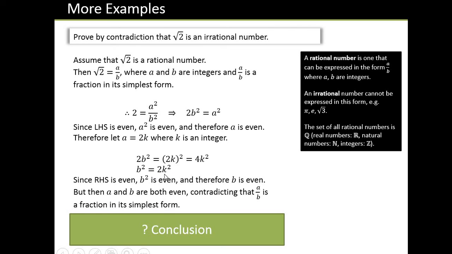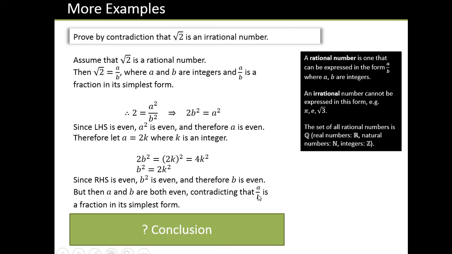But 2 somethings, this is an integer, must mean b squared is even. So now we've already said if b squared is even, we know b is even. So now we have just proved that a and b are both even. Well, if they're both even and you write a over b, that means they are not fully simplified because they obviously have a factor of 2.